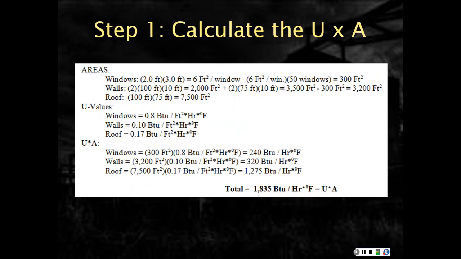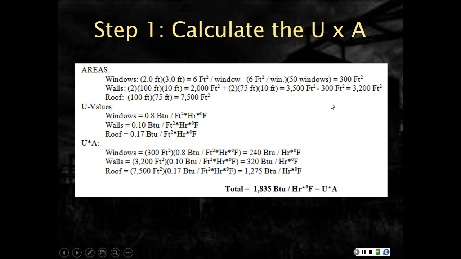There's a very regimented set of steps to go through to calculate this. First of all, calculate all your areas. What are the areas of my window? Then you calculate walls. Now be careful in this step. Once you calculate the walls, you have to subtract out the area of the windows. Common mistake people do.